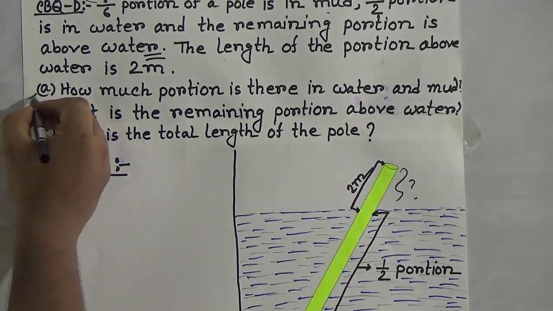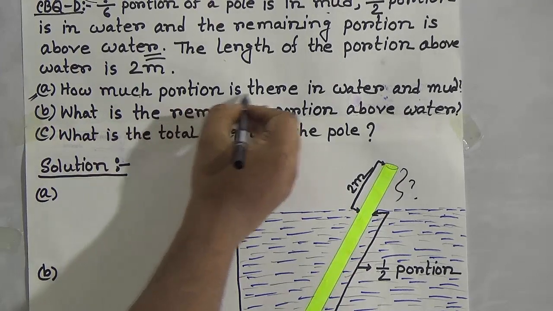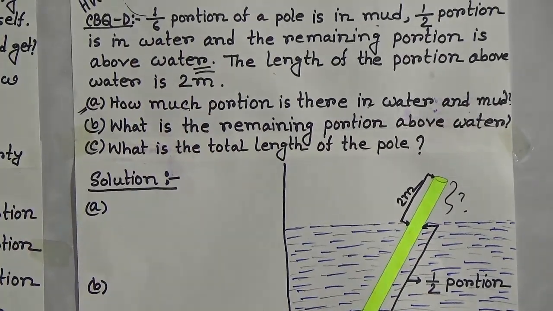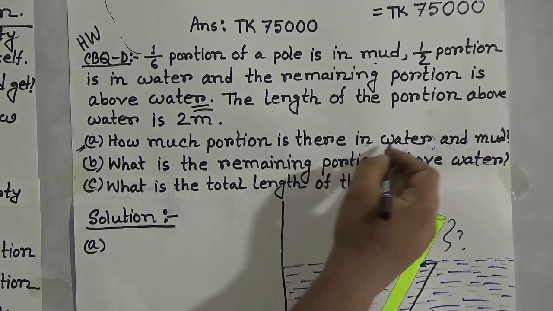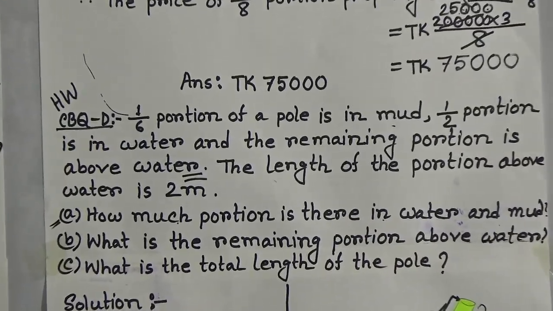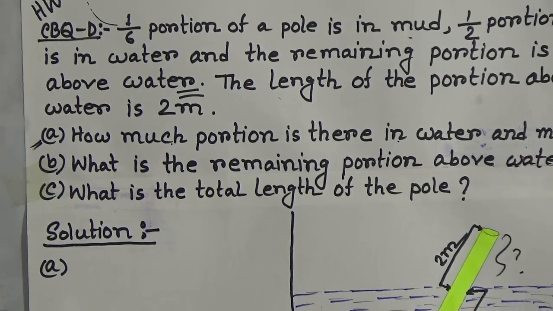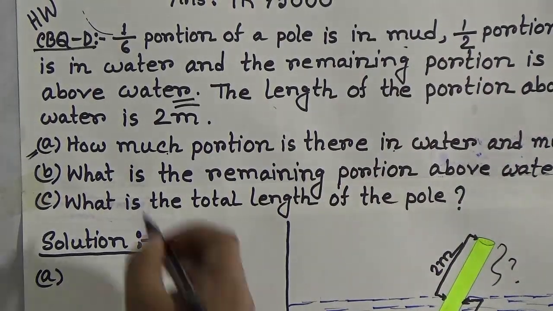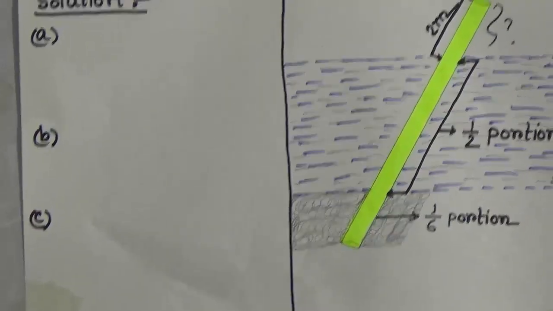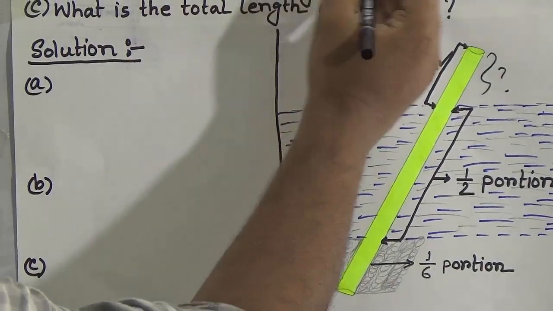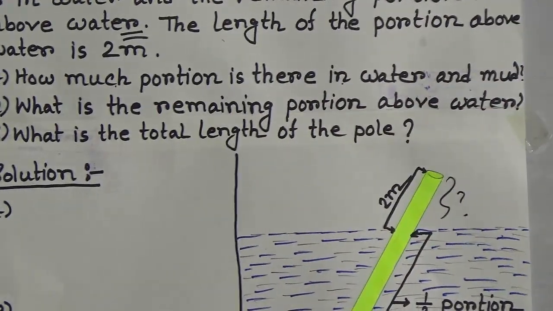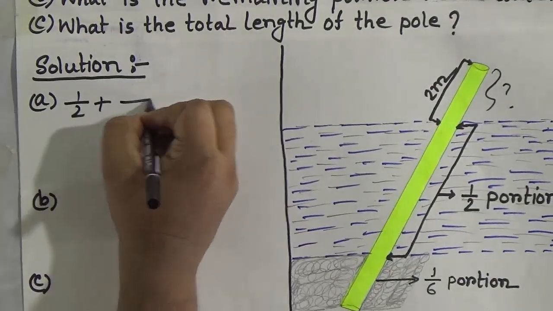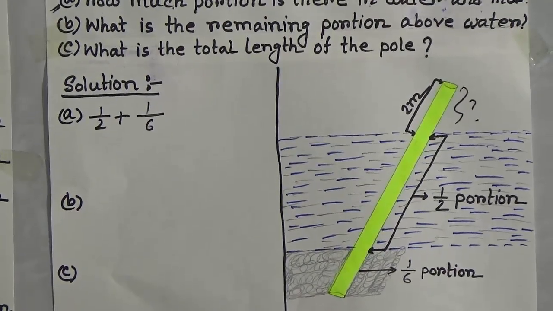So the first question is, how much portion is there in water and mud? The question gives you the information that in water there is half, 1 by 2 portion, and in mud there is 1 by 6 portion. So how much portion is there in water and mud? So we add these 2 portions, 1 by 2 plus 1 by 6, and we get the answer.